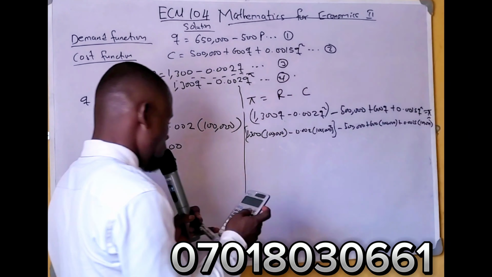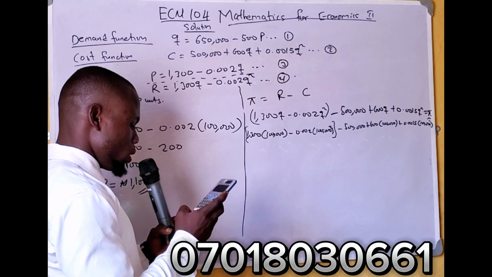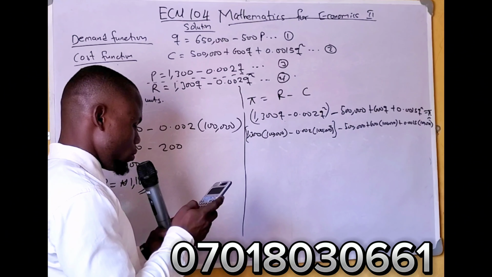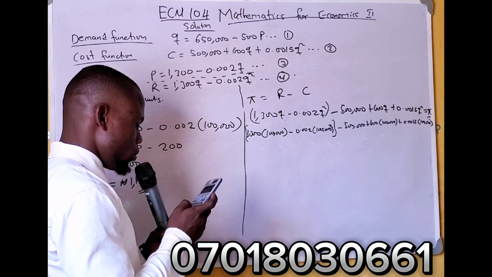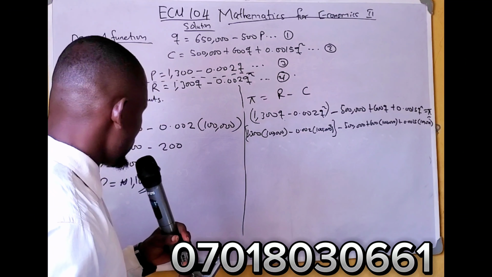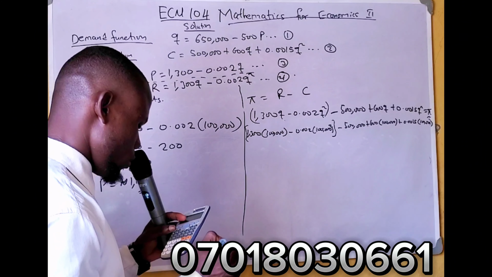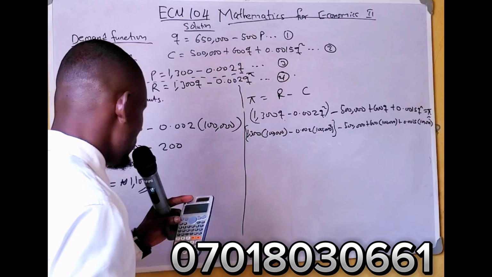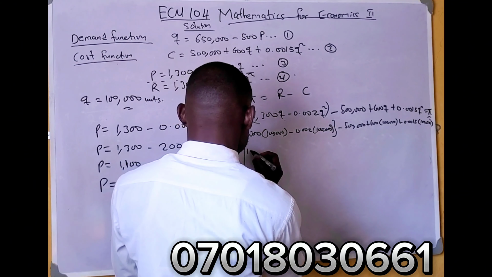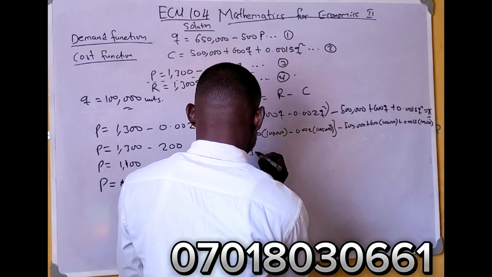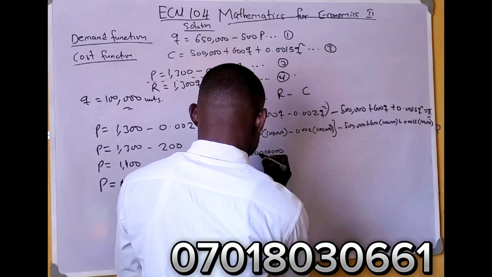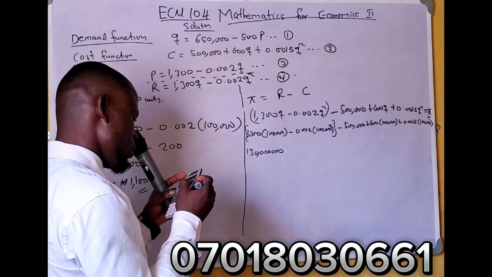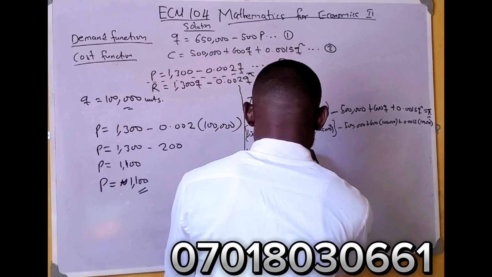So 1,300 times 100,000, what does that give you? That gives us 130 million.